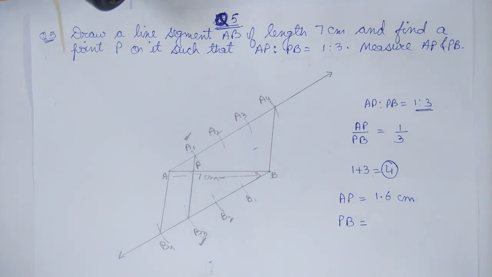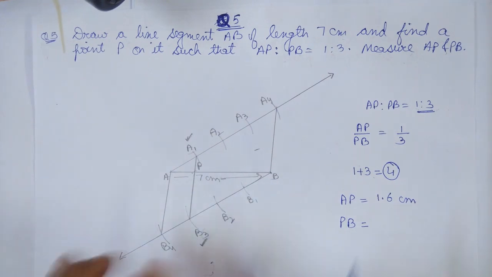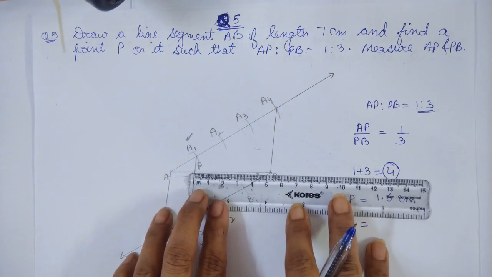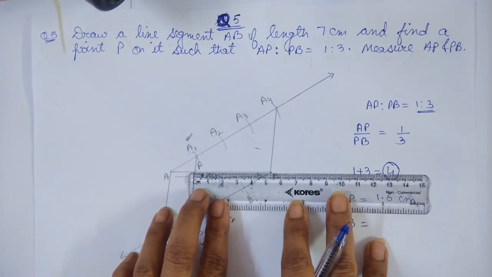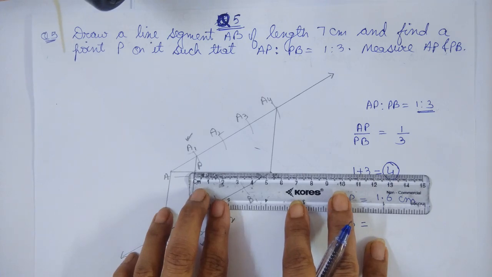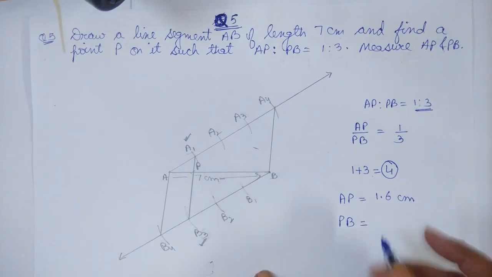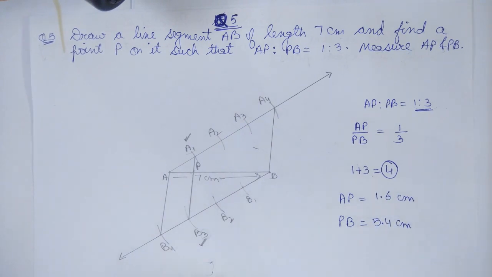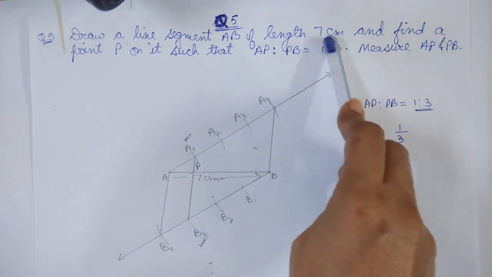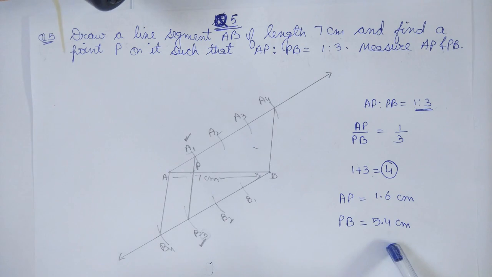And PB, measure it with the scale. It is coming as 5.4 centimeter. So approximately you are getting AP as 1.6 and PB as 5.4. Now if you add these two, you will get the measurement as 7 centimeter.